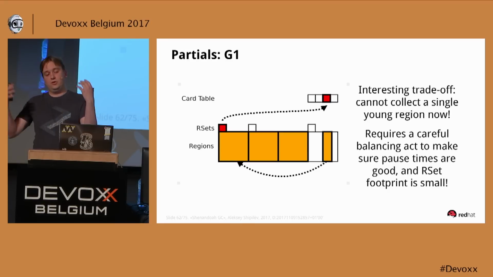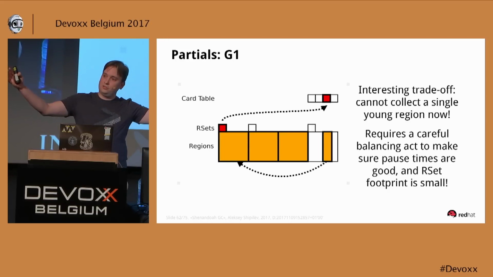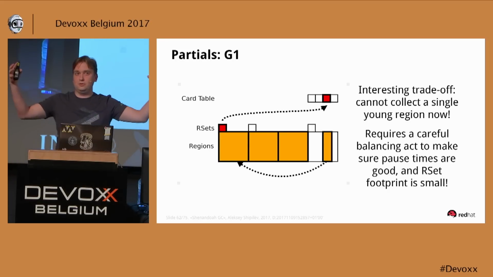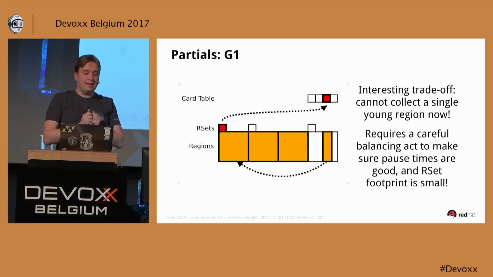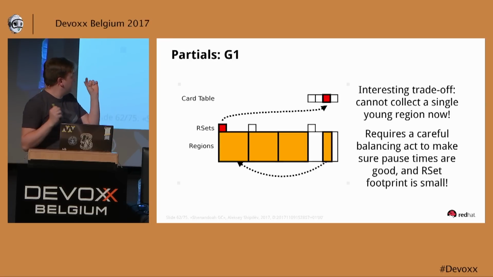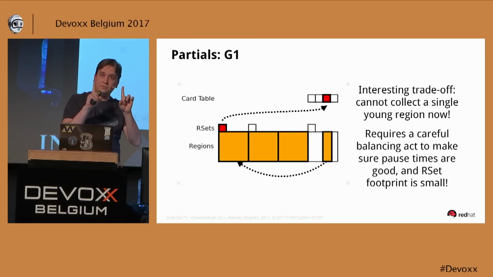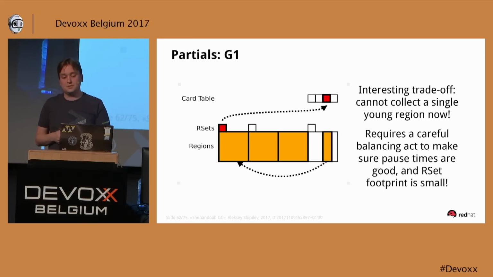If you have a very large young gen, your lowest pause goes up, because you have to collect all these young regions at once. You cannot collect every single one of them. And if you have a very narrow young gen, the remembered set footprint kills you.